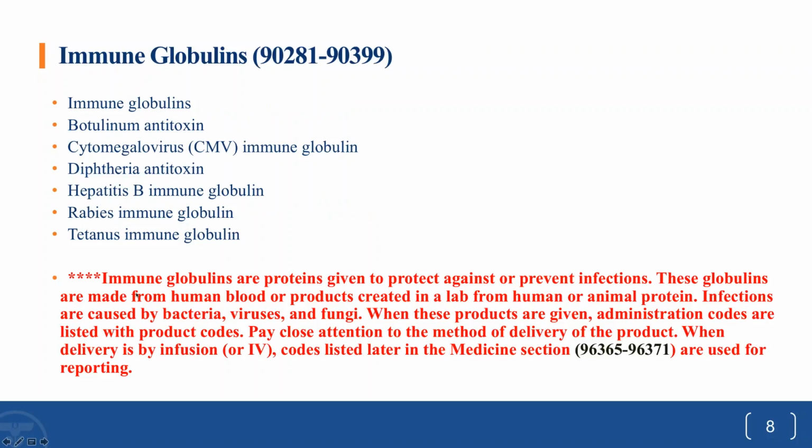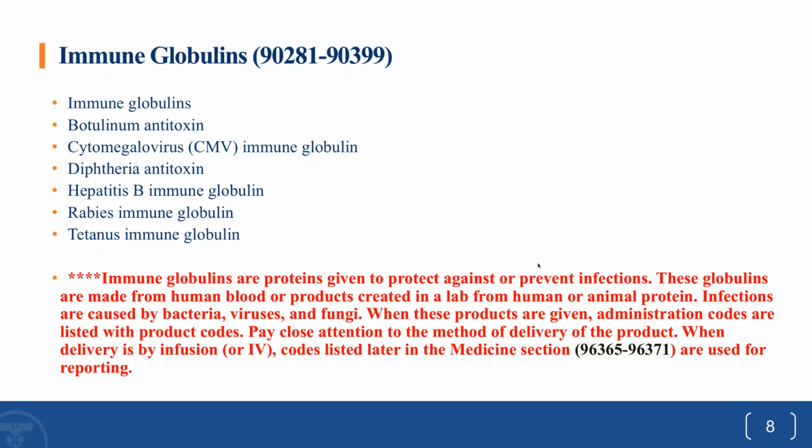All right. Important for you to know what immunoglobulins are. I do have that in red. Let's get this out of the way. They're basically provided to prevent infections, and they're made from human blood, artificially created, or sometimes they'll use animal proteins.